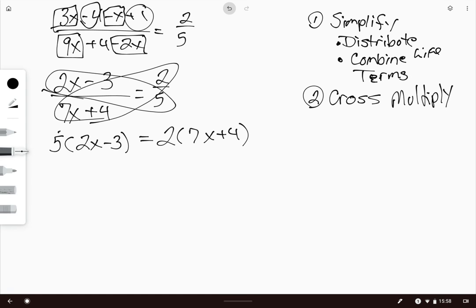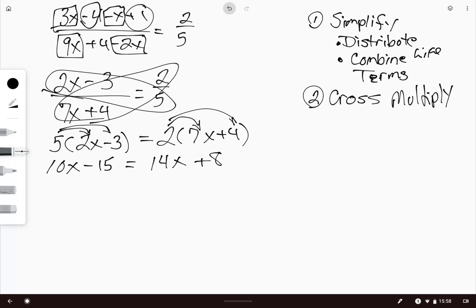So now I just simply distribute. That gives me 10x minus 15 equals 14x plus 8. And I simply have an equation with the variable on both sides.